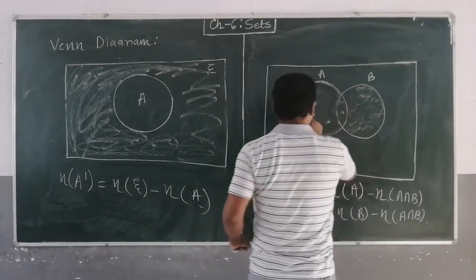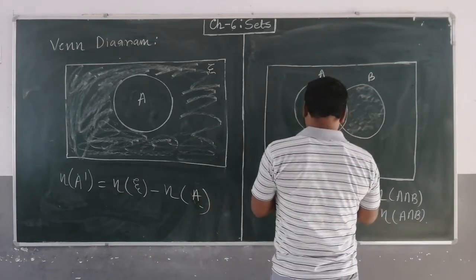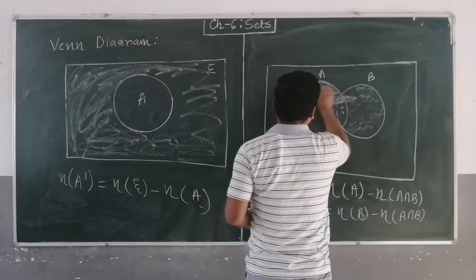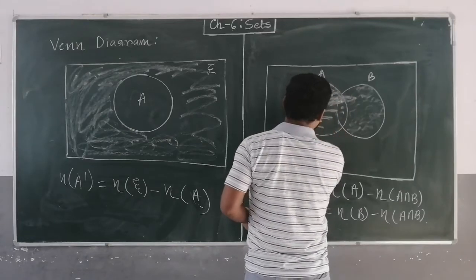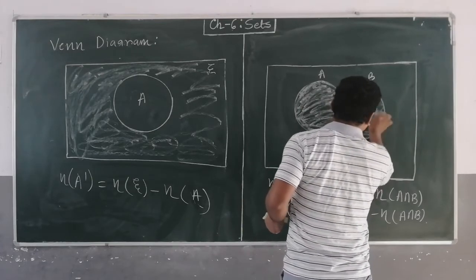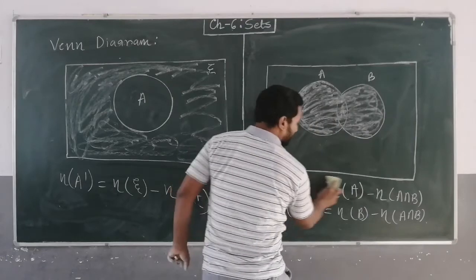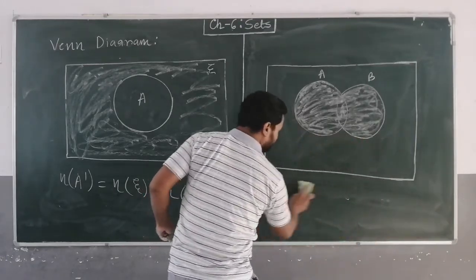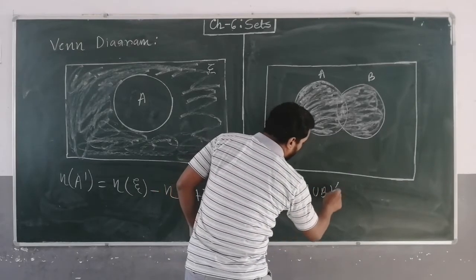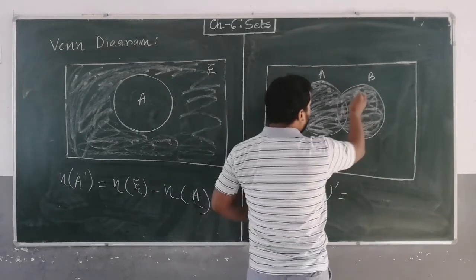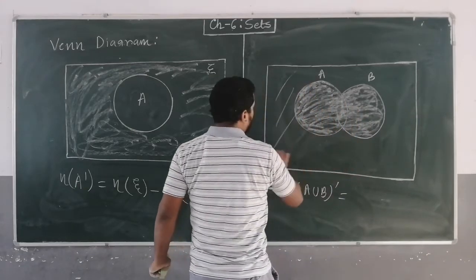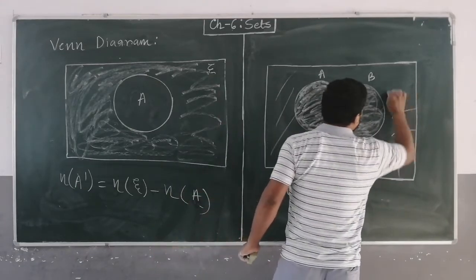if you want to find the cardinal number of A union B complement, so A union B is this set. So except A union B, this is the part A union B. So leaving this area, this whole area will be A union B complement.